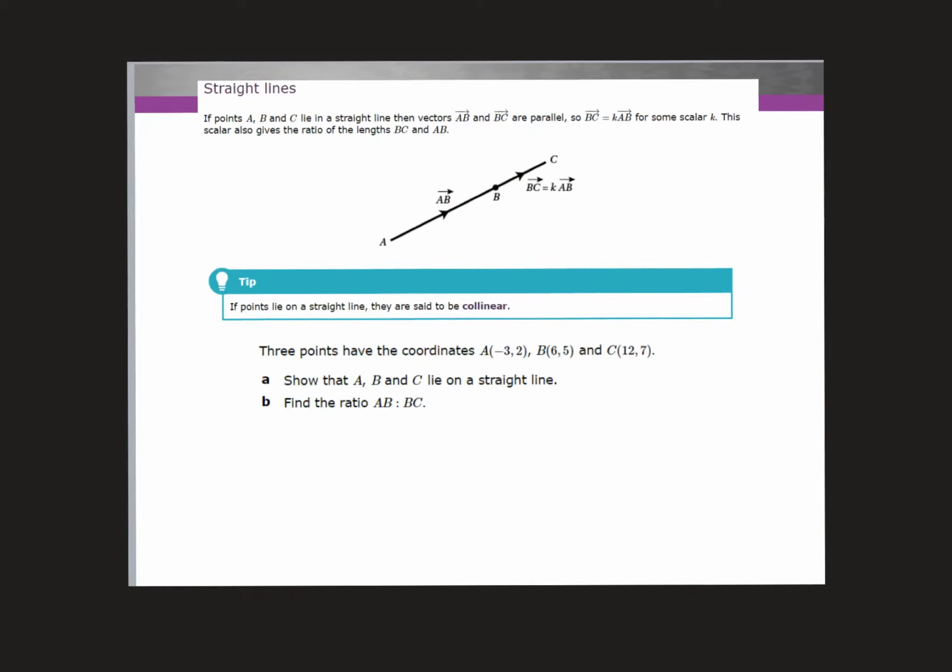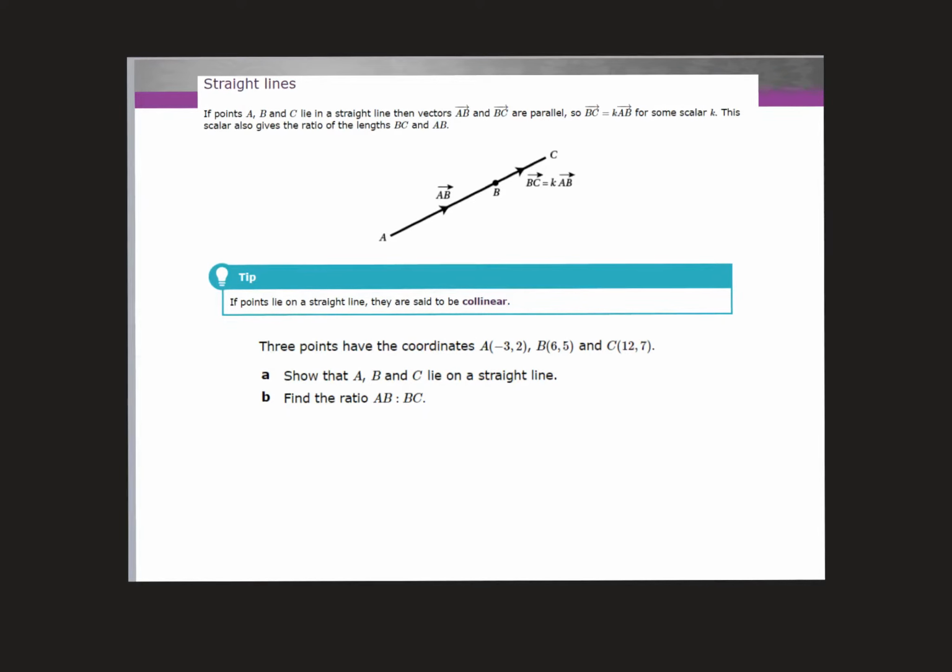This is something that you've been using since GCSE. The question was, here's point A, here's point B, and here's point C, and they were asking to prove that A, B, C are part of the same straight line. The way to do it at GCSE was to find AB, and then find BC, or even AC, and then prove that they're multiples of each other.